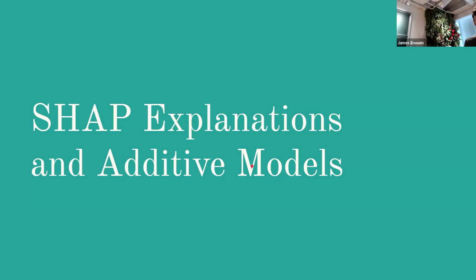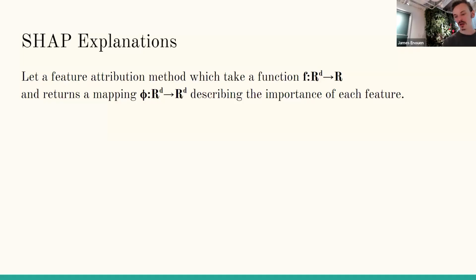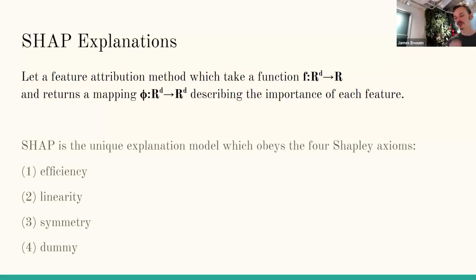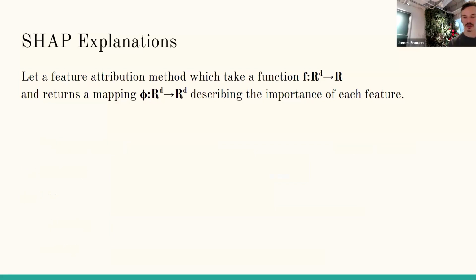Okay, so now we can talk about Shapley explanations, which is quite a popular approach recently, and then its connection with additive models. For those unfamiliar, the feature attribution methods are just taking your original function and then trying to say, okay, how much of each feature was important for this particular prediction.